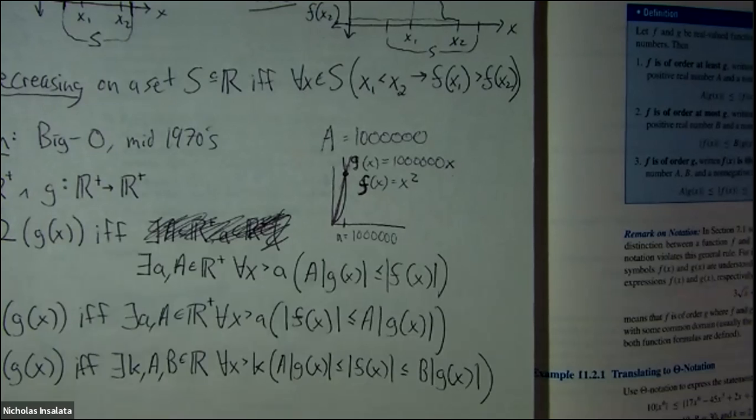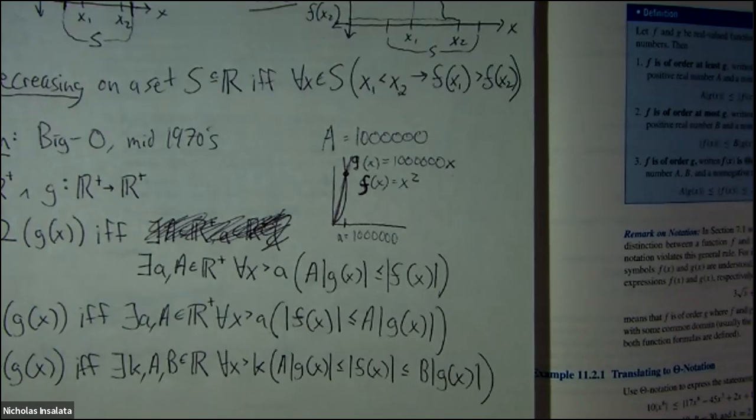So maybe someone should define that. What does asymptotic mean? I'll spell it out for you while you answer. It comes from the word asymptote, which maybe you've heard of.